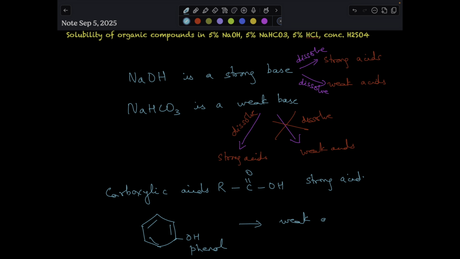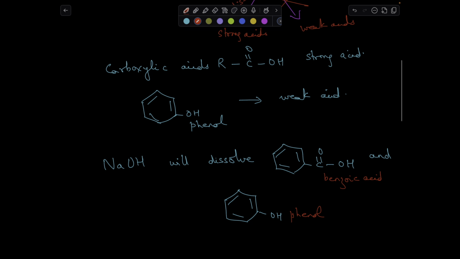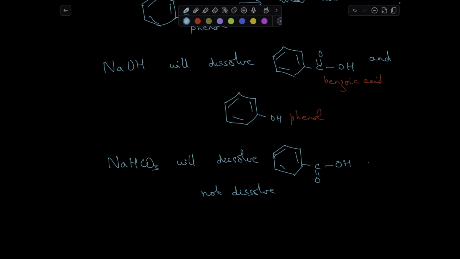So, we can see that sodium hydroxide will be able to dissolve, say, benzoic acid, which is a carboxylic acid, and phenol, whereas sodium bicarbonate will dissolve benzoic acid but may not dissolve phenol because phenol is not a strong enough acid to react with sodium bicarbonate.